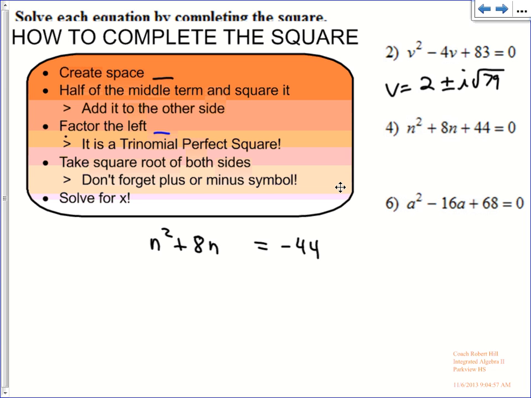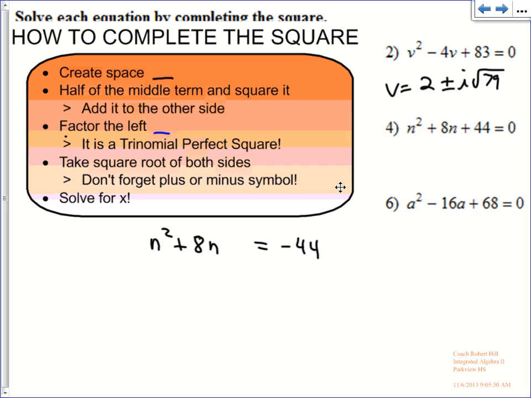Is this a problem that will factor? Are there factors of 44? Yes. 1 and 44, 2 and 22, 4 and 11. Do any of those combinations add together and give me 8? No. So I got no choice. I asked my what-if question: what if it would factor? It won't. This one is quicker completing the square because 8 is even.